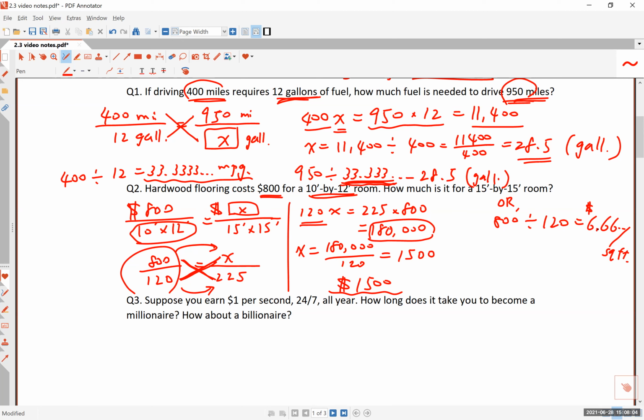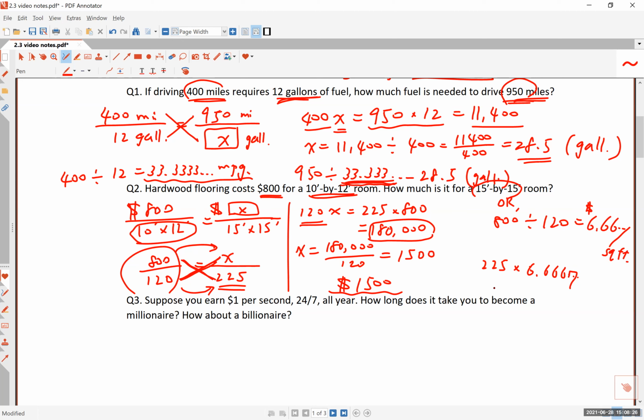Right. So with that in mind, that 15 by 15 was 225 square feet. You multiply this by 6.666. Eventually, you have to put 7 somewhere.